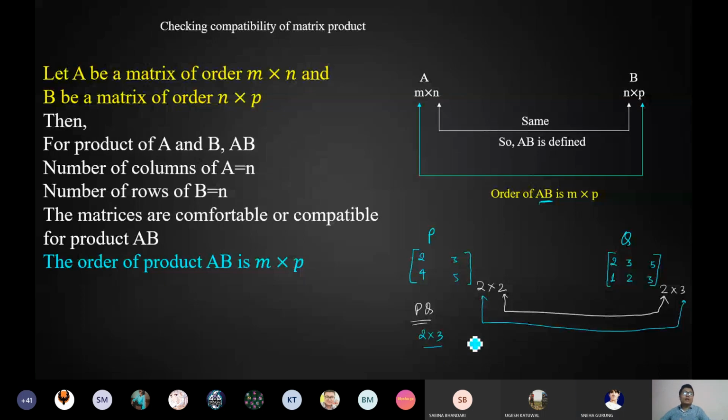So we can check the compatibility of the matrices. Let's check on what condition the matrix product does not exist, or when it is not compatible. Let's check the non-compatibility of the product of matrices.